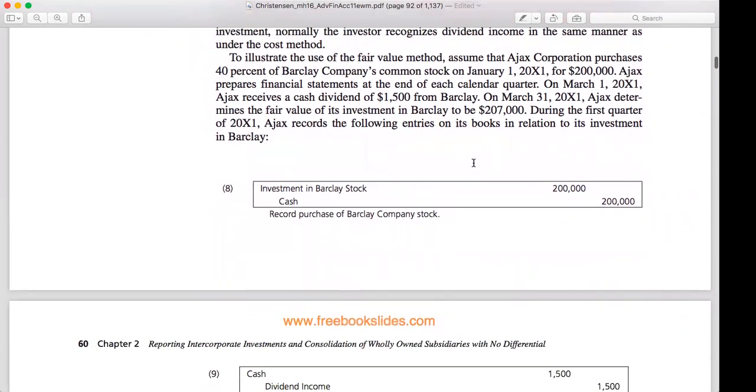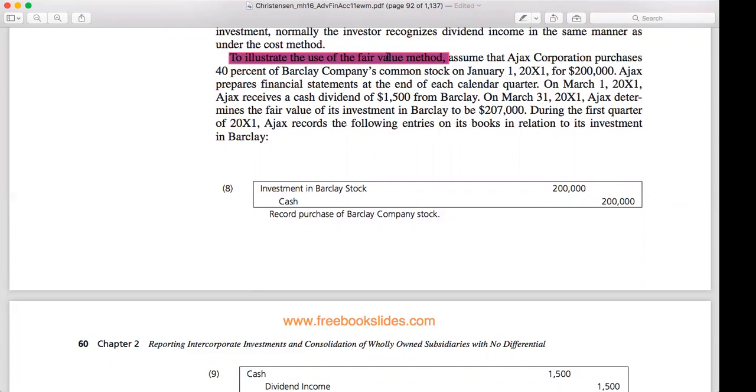To illustrate using the fair value method, for example, Ajax Corporation purchased 40% of Berkeley Company's common stock on January 1 for $200,000. Ajax prepared financial statements at the end of each calendar quarter. On March 1, Ajax received a cash dividend of $1,500 from Berkeley.